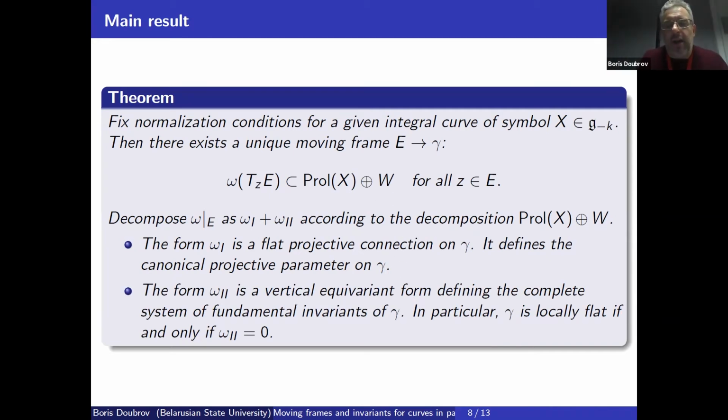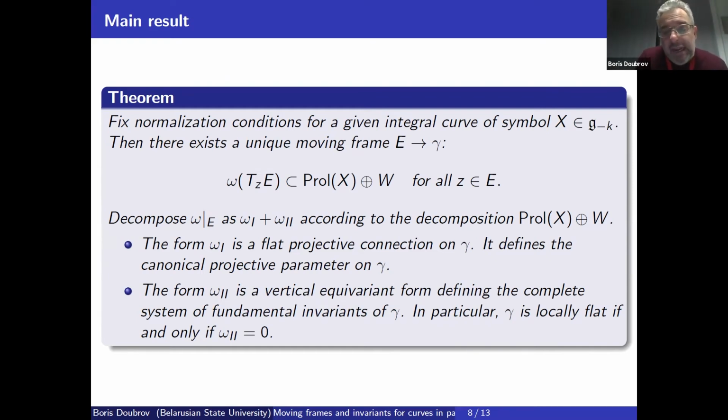So in a way, I can say that the complete geometry of curves in parabolic homogeneous spaces is governed by SL2 triples. Of course, graded SL2 triples, which agree with the grading.